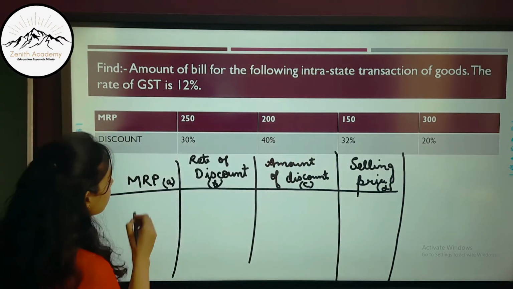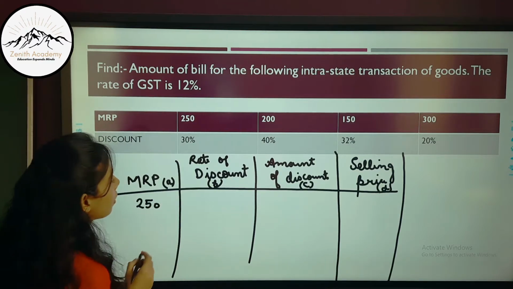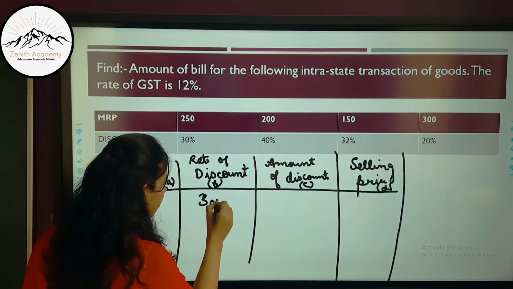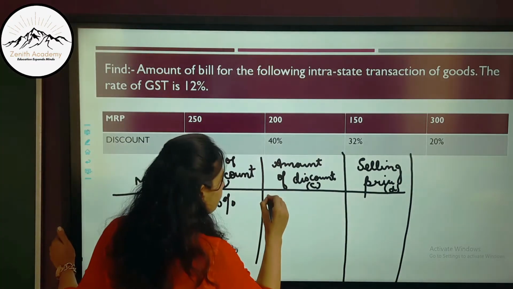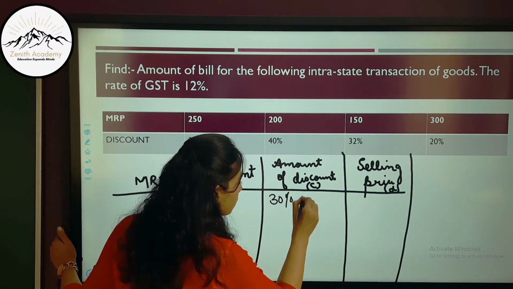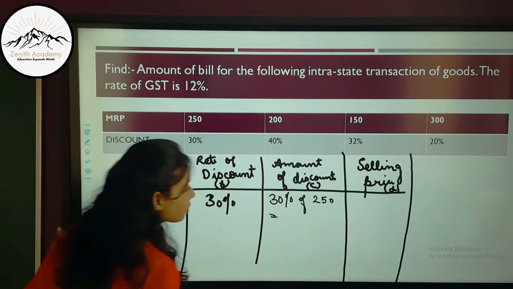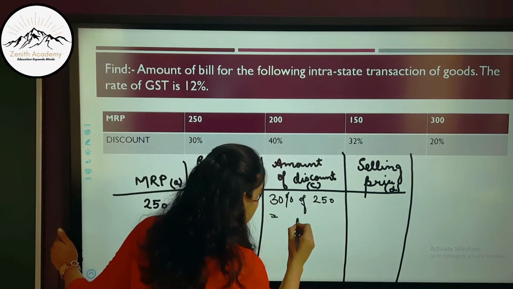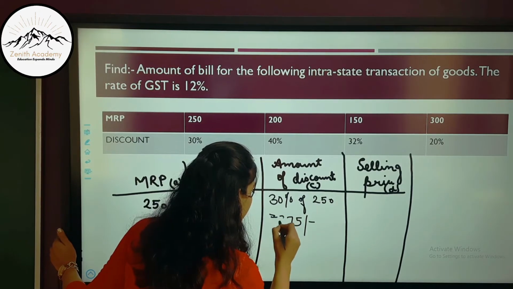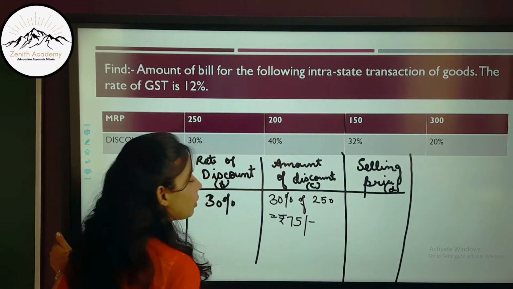MRP is given to us as 250. The rate of discount is 30%. So what will be the amount of discount? 30% of 250, which will give us what? 75 rupees. What will be the selling price?